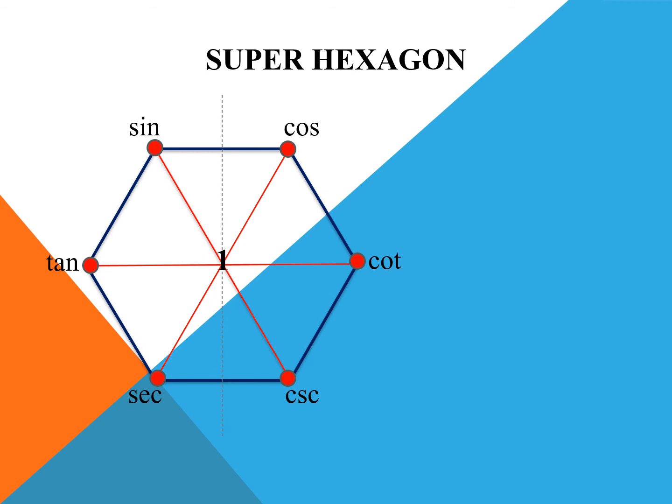Let us multiply the two functions on the opposite side. Tangent theta multiplied by cotangent theta is equal to 1. Sine theta multiplied by cosecant theta is equal to 1.